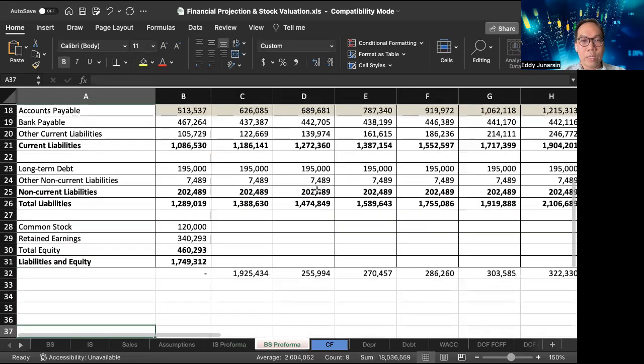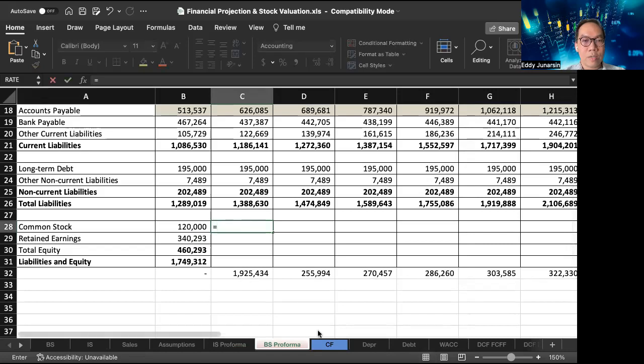Okay, so the next one is the common stock. If we have real information, for example, that 5 years from now they will sell new shares or retire some treasury stocks, then that information should be incorporated into the projections.